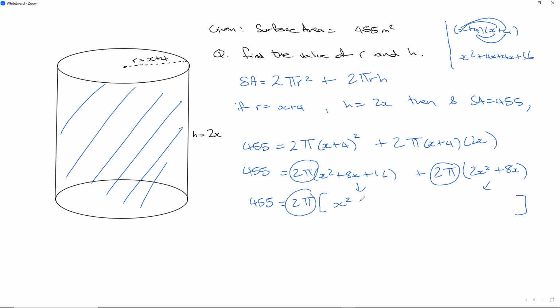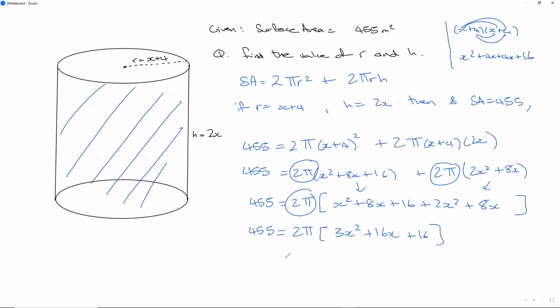And what's going to be left in the bracket is x squared plus 8x plus 16 plus 2x squared plus 8x. And so that becomes 2 pi times: x squared plus 2x squared is 3x squared, 8x plus 8x is 16x, plus 16.